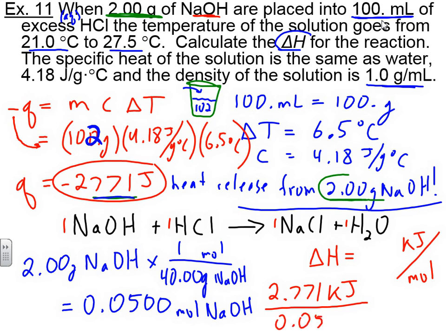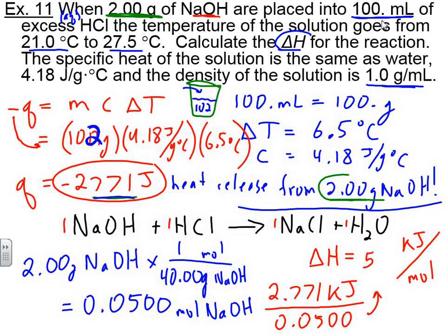I'll get this value up here, what we're looking for. So let's do exactly that. 2.771 divided by 0.05 is 55.42. Now sig figs wise, we've got 2 sig figs. So 55 kilojoules per mole. So this is the final answer.